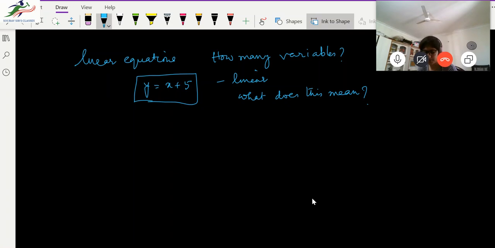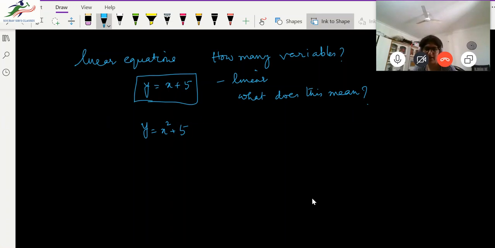So if I write y equal to x square plus 5, here also the value of y depends on value of x. What is the difference? The variable is raised to the power of 2.